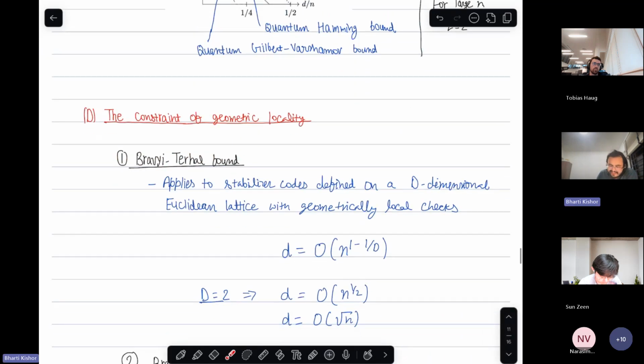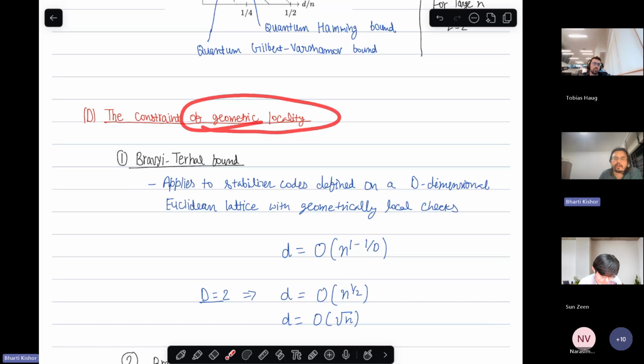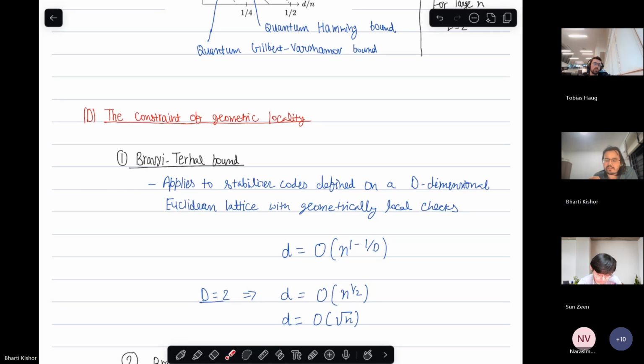For example, there is a constraint of geometric locality. When you perform your check measurements or stabilizer measurements, they have to act on nearby qubits, which are geometrically local.